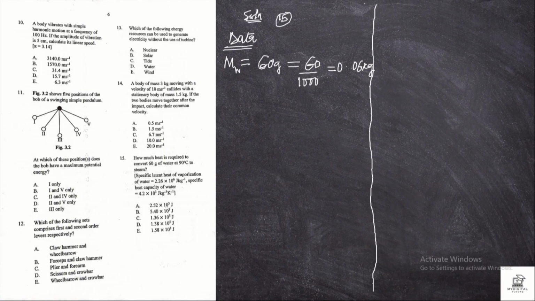So theta, temperature of water, that is theta W, is equal to 90 degrees Celsius, right?